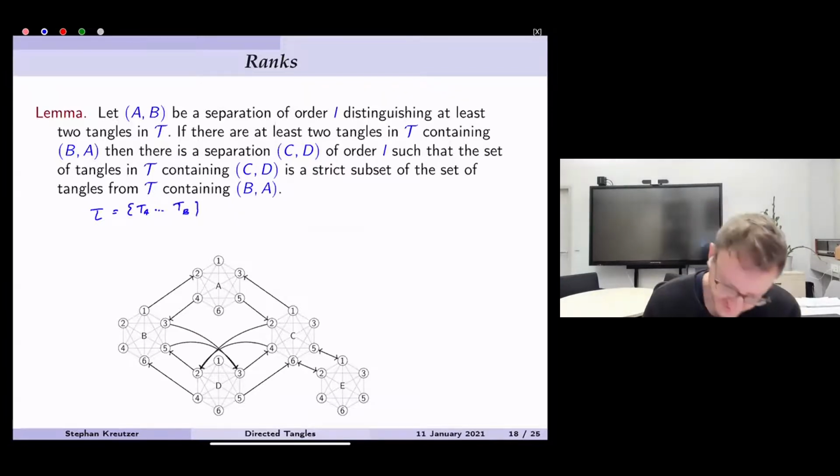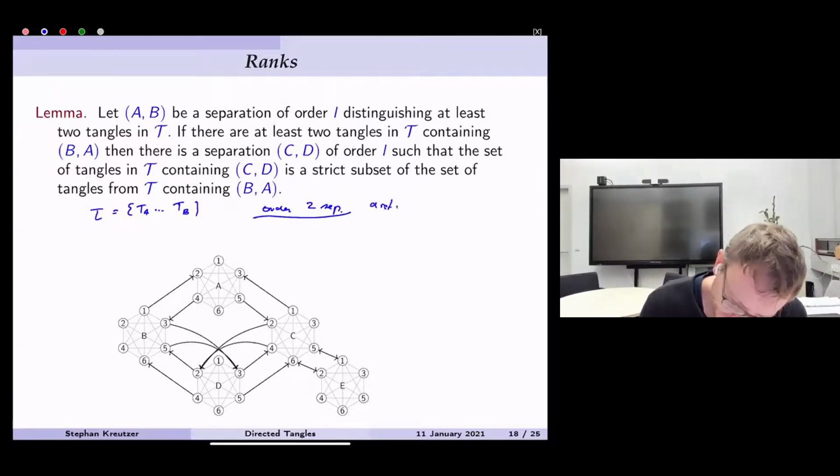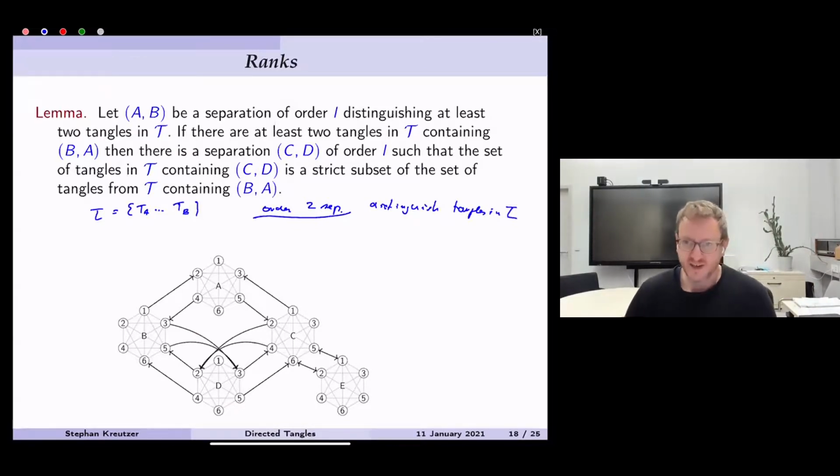And we're looking at separations of order 2 which distinguish tangles in T. I don't want to go into the formal setting, but of course, let's say we start from E and we want to take a separation that separates E from everyone else.